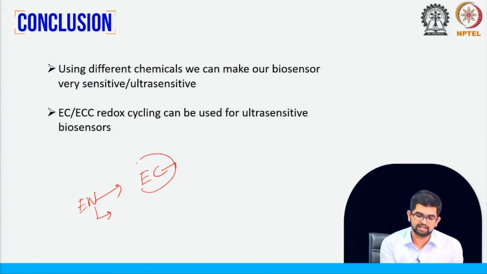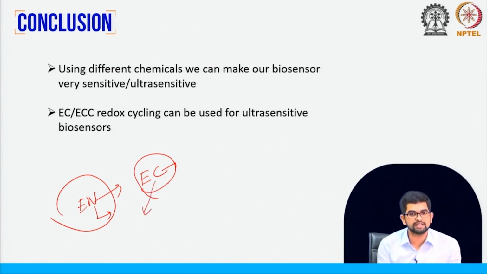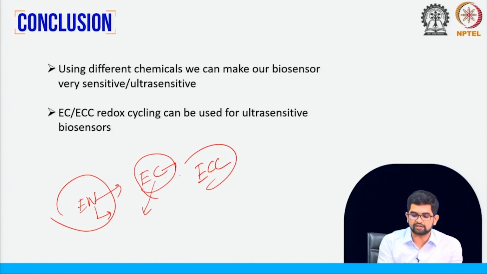So, EC redox cycling can be an enzymatic biosensor, maybe a non-enzymatic biosensor. Suppose if we use the gold nanoparticle, in this case it is enzyme free, but if you use ALP for generating the AP active species, then it is not enzyme free. And I taught you today ECC redox cycling, electrochemical, chemical redox cycling.